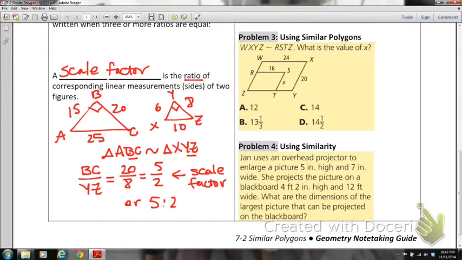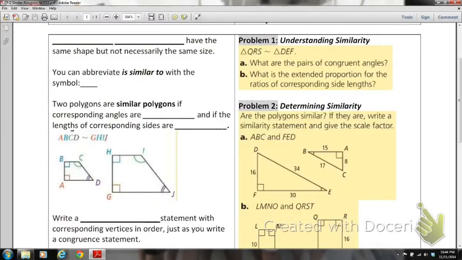So let's look at some problems that use proportional sides and the extended proportions and scale factors. In problem 1, it indicates that triangle QRS is similar to triangle DEF. So the first question is, what are the pair of congruent angles?